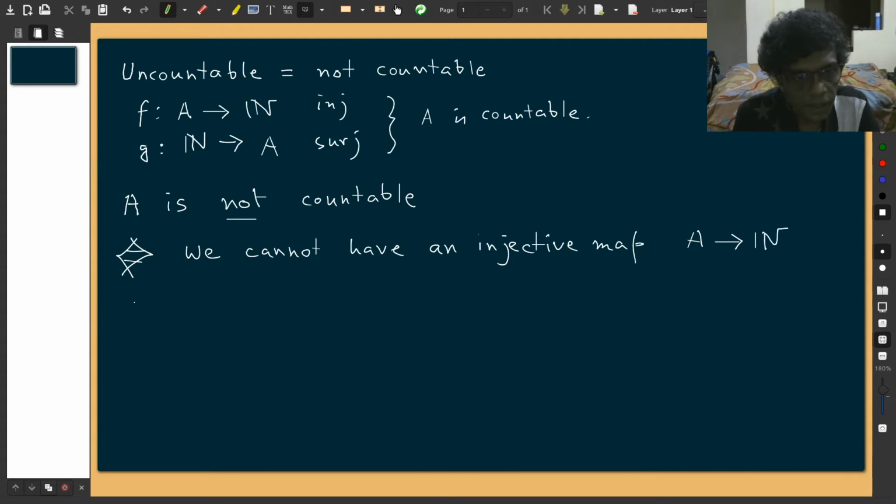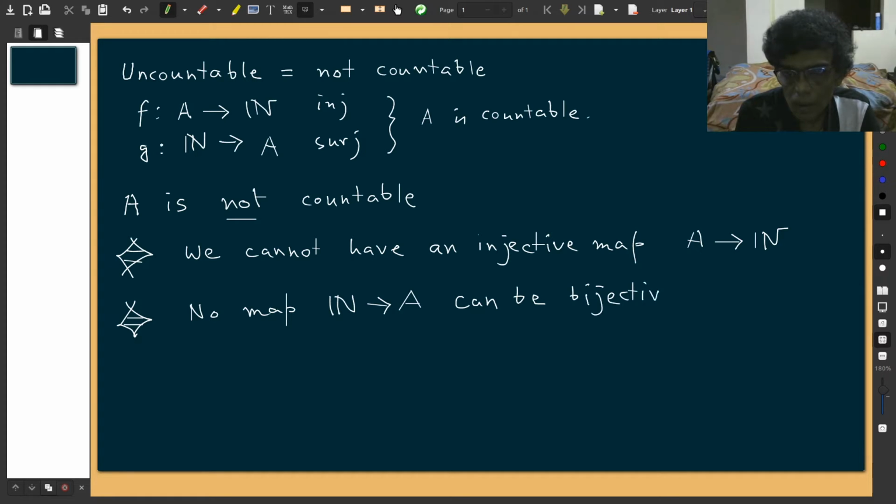And there is yet another way. No map in the other direction. You can always construct a map from N to any infinite set which is injective. But no such map can be surjective, or I can say bijective. So we will typically take this approach.